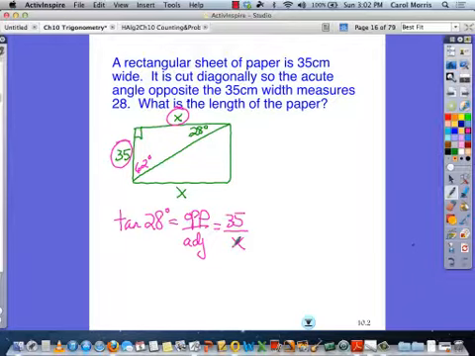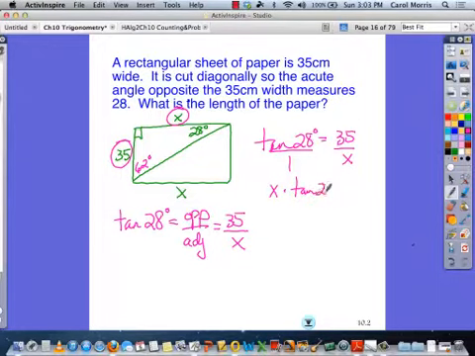Now be careful, because now you've got the tangent of 28 degrees, which is not one that you commonly know, but it's just a proportion here. So we can solve this, cross products. X times the tangent of 28 has to equal 35. We want to solve for x, so we're going to divide both sides by the tangent of 28. And we should have that x value.